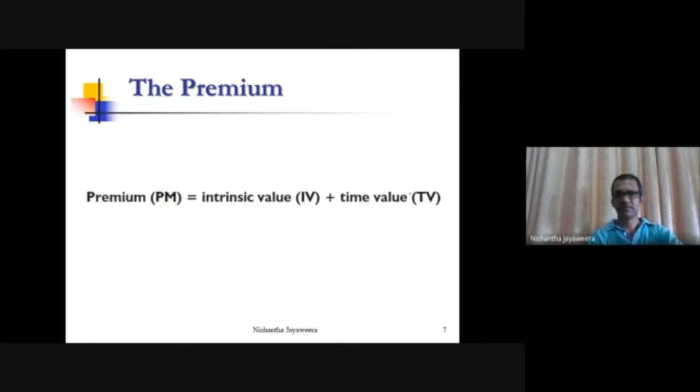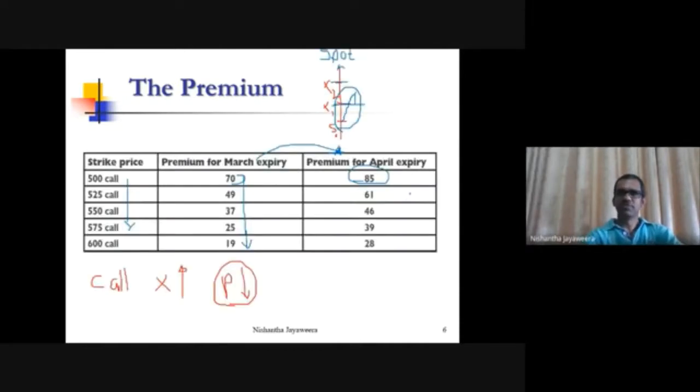That's one thing. On the other hand, we can say when the time to expiry increases, the premium increases. We'll see in coming examples whether that is true for call options and put options as well.